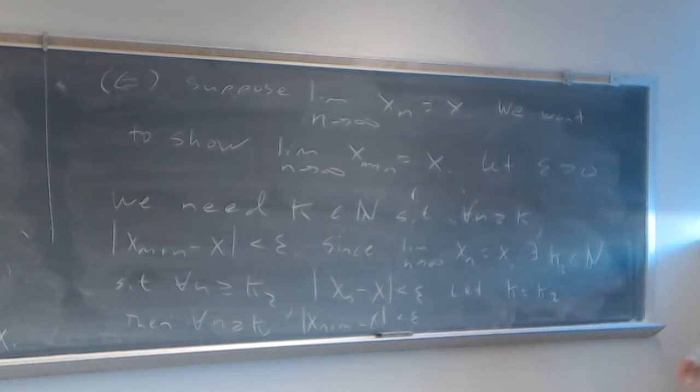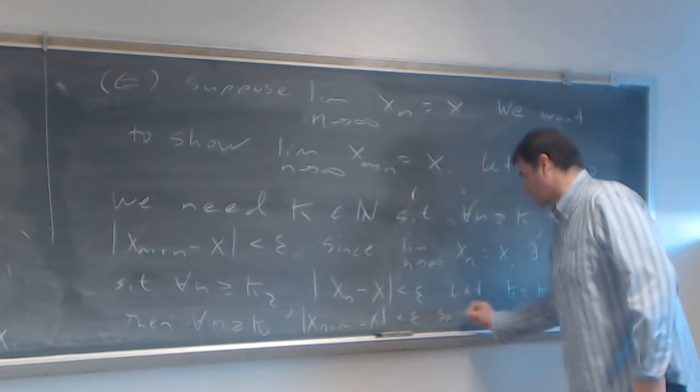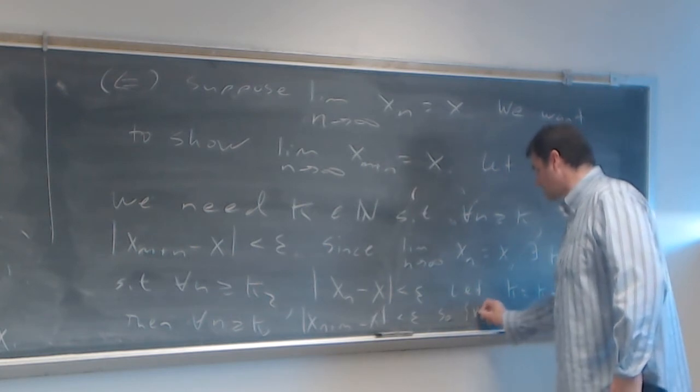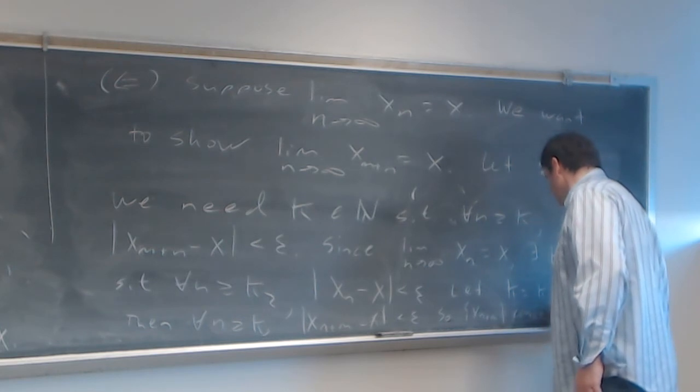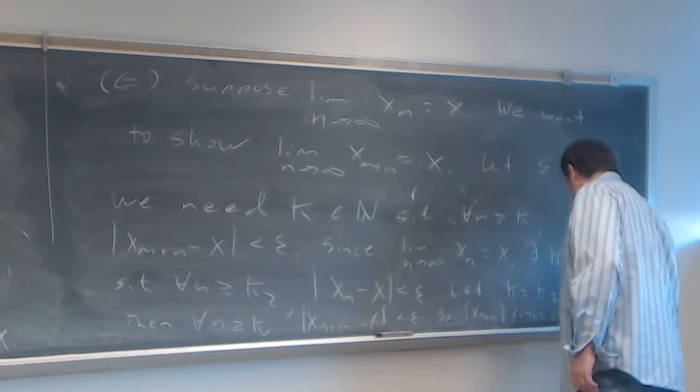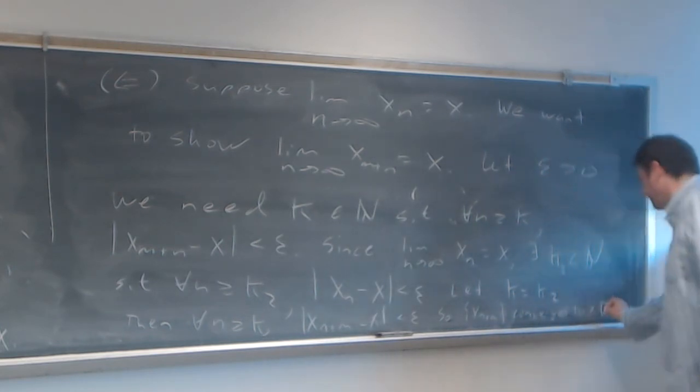And that concludes the proof, so I'll make a concluding statement. So this sequence, x of n plus m, converges to x. And that's it.